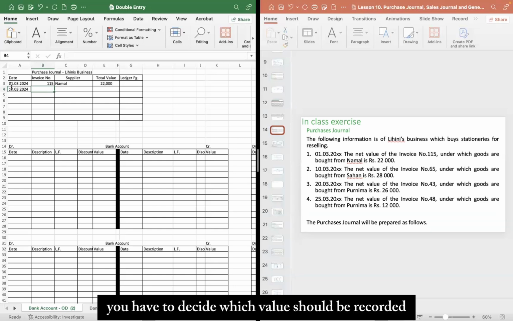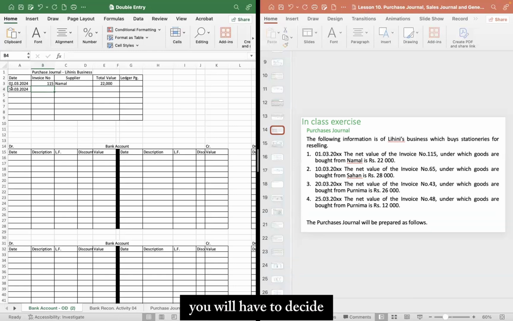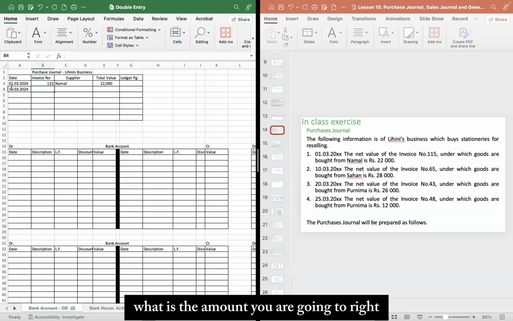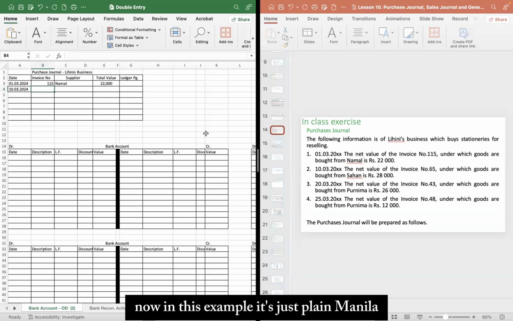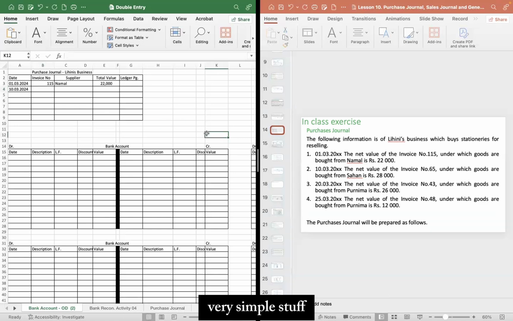Then you have to decide which value should be recorded: is it 22,000, or 22,000 with 10% deducted? Likewise, you will have to decide what amount to write. Now in this example, it's just plain vanilla, very simple.